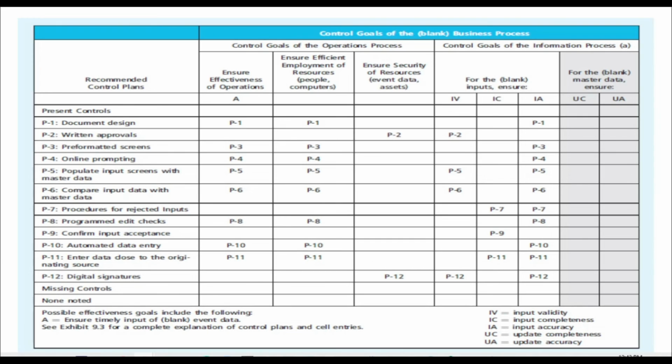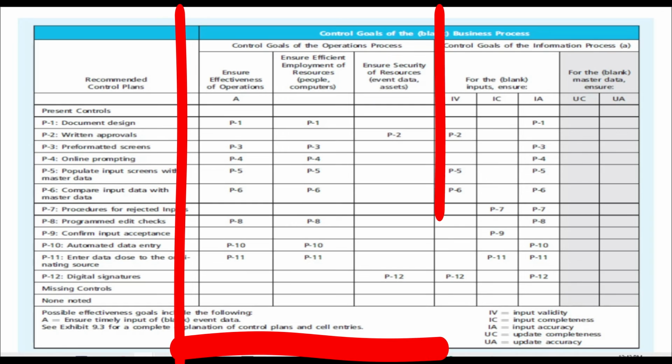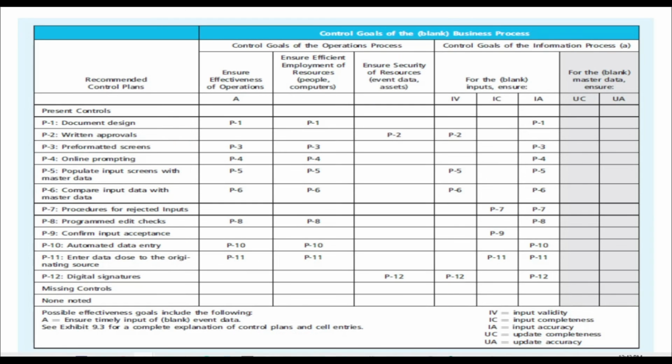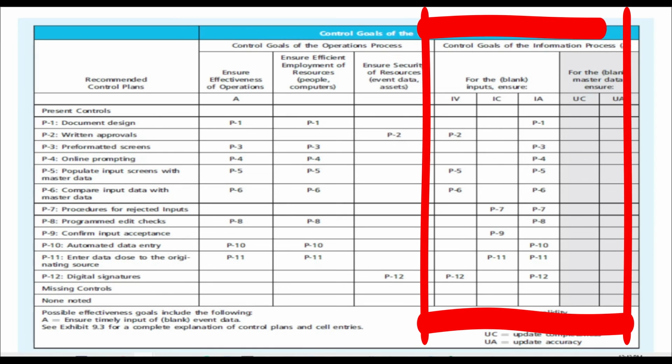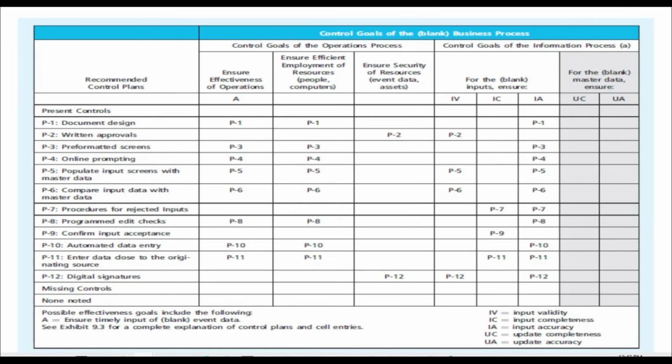As for the enterprise process controls, they ensure effectiveness, efficiency, and security, and for the information process control, validity, completeness, and accuracy.